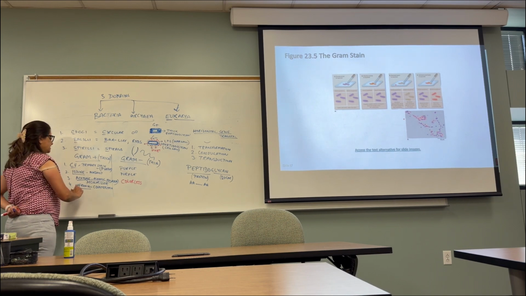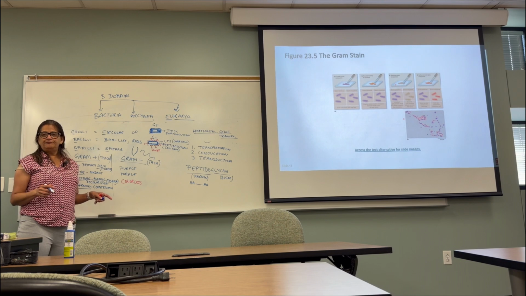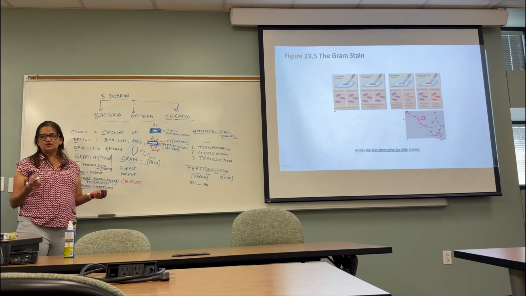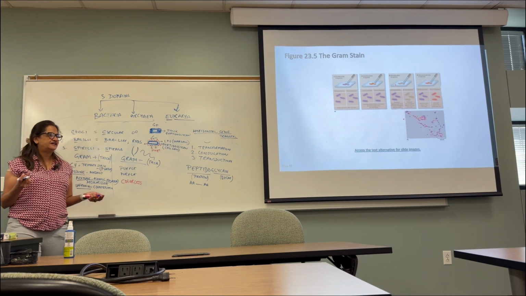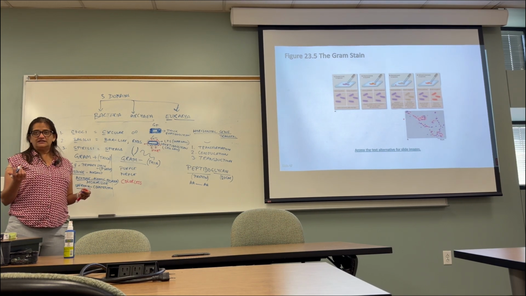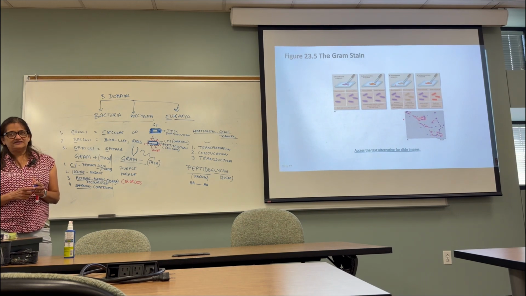Now, because the gram negatives are looking colorless at this point, and in order to see well under the microscope, we need some kind of contrast, right? That's one of the rules that we studied in the slides, in viewing the specimens under the microscope.